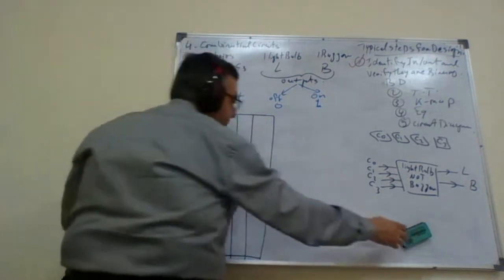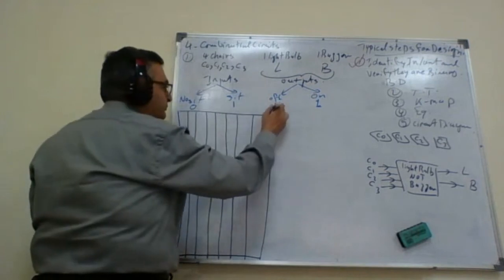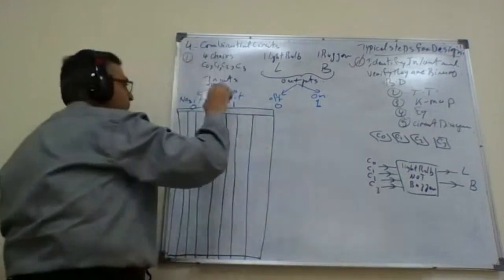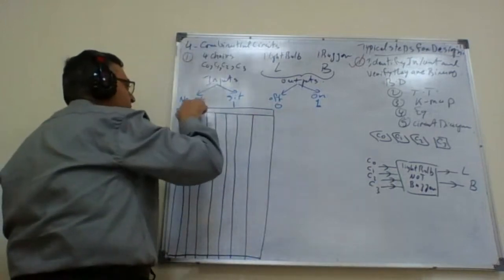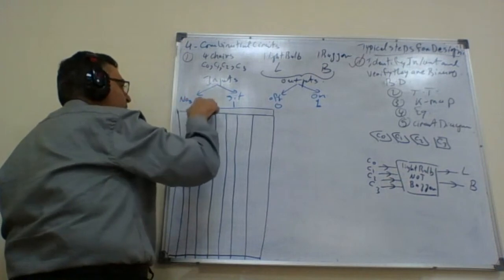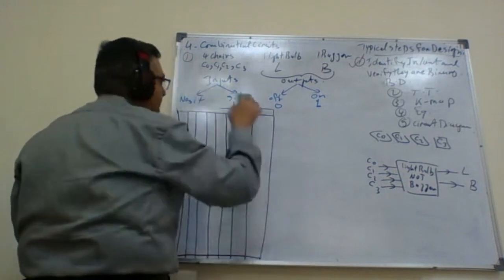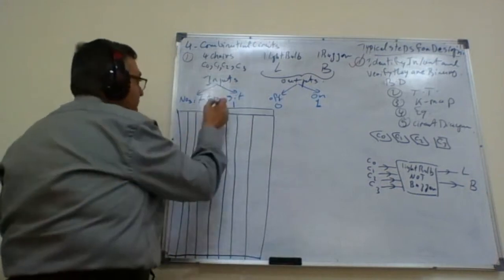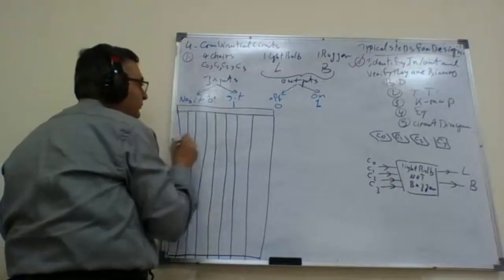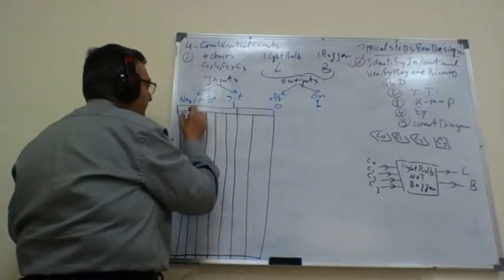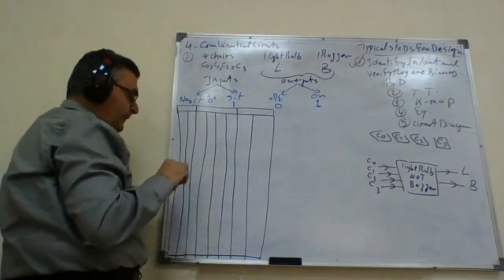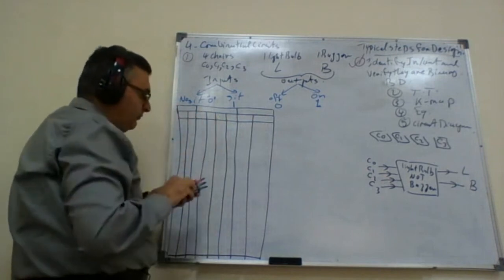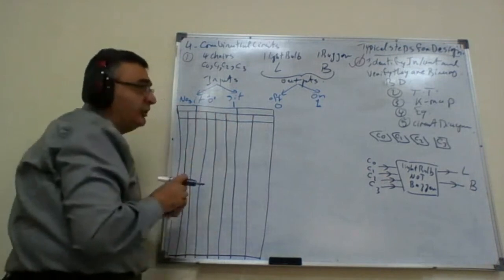So accordingly, I have 4 inputs, which are the chairs.